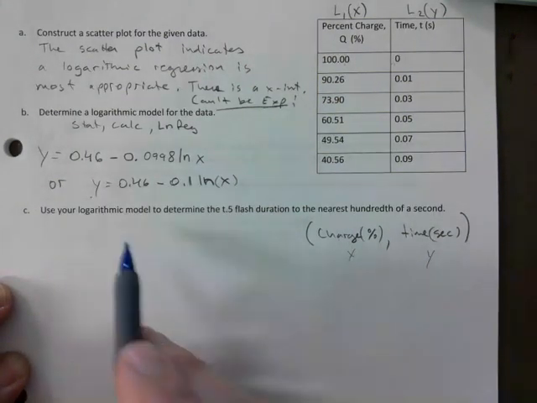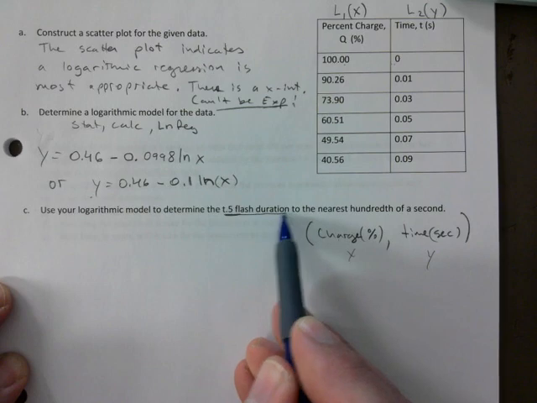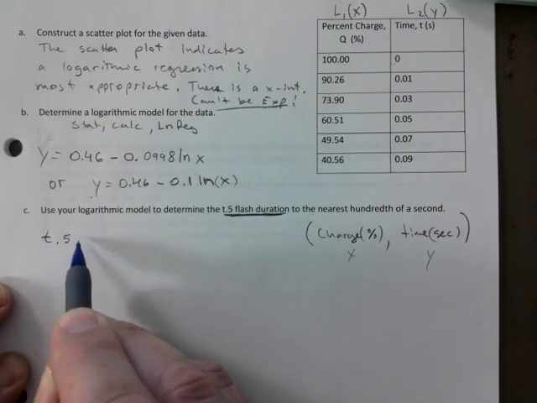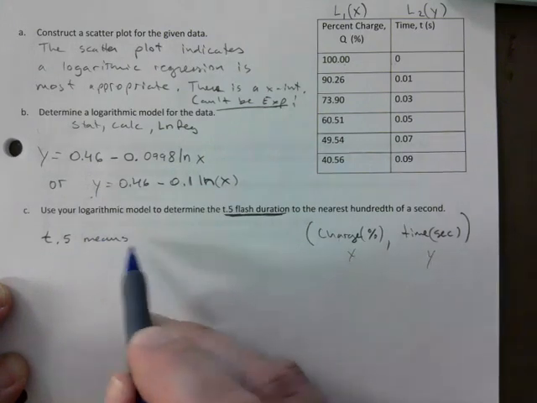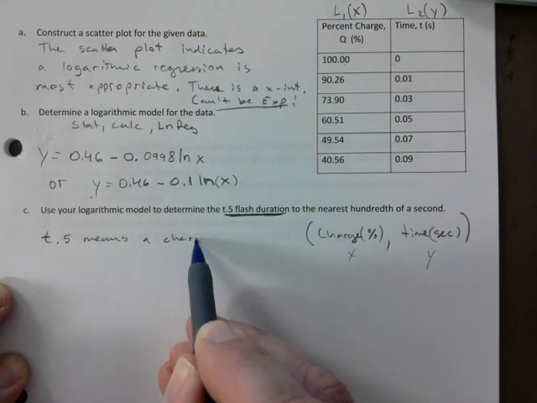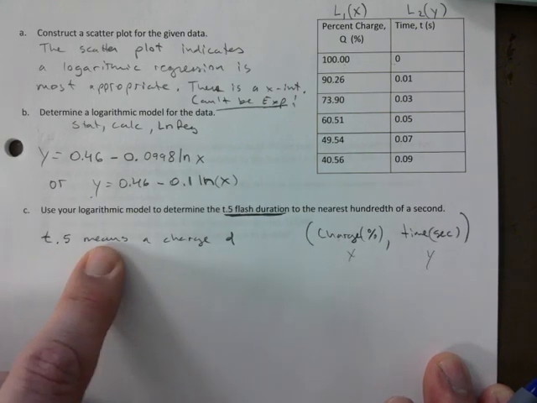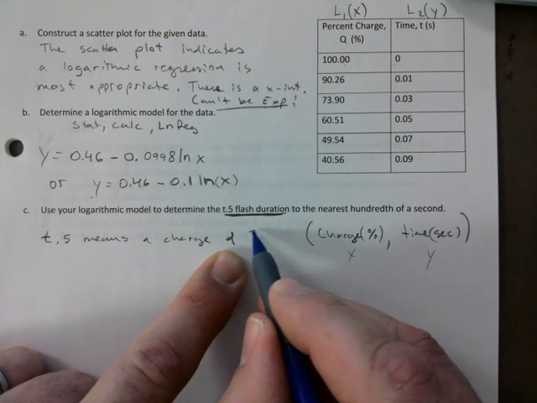So what is it asking me? The T5 flash duration. T5, what does that mean? A charge of, let's look up there. It says it represents the time until a capacitor has only 50% of its initial charge. So T5 means a charge of 50%.